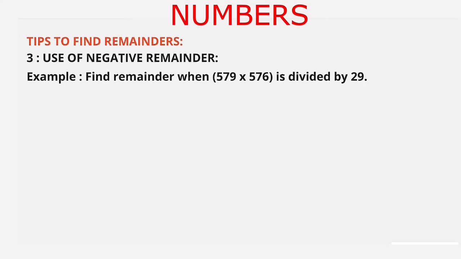So we can write the remainder as minus 1. If we subtract 580 from 579, we will get remainder as minus 1, into, if we subtract 580 from 576, then that will be minus 4, and minus 1 multiplied by minus 4 is 4.